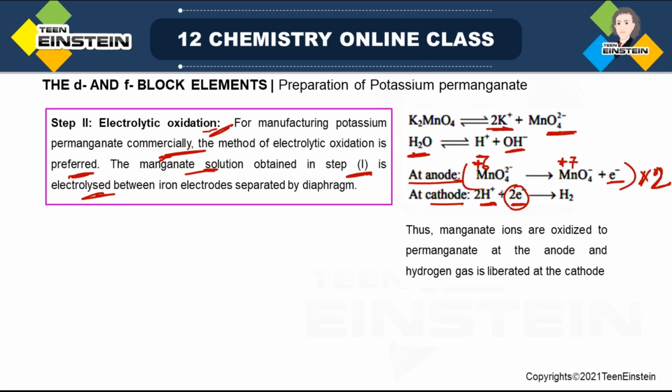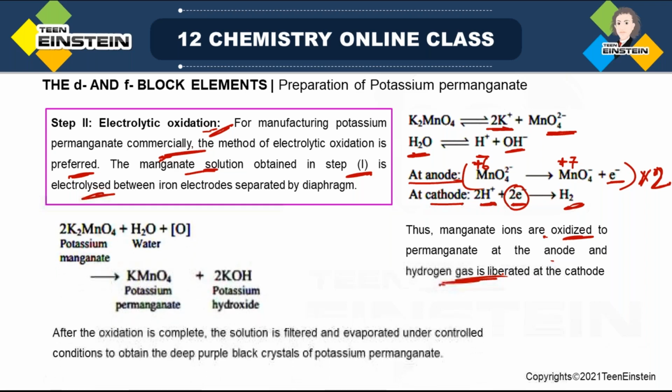Now these 2 electrons will be accepted by H+, and ultimately it will be hydrogen gas. Thus, manganate ions are oxidized to permanganate at the anode electrode, and hydrogen gas is also produced at the cathode, the other electrode. So these are the half reactions that are occurring at anode and cathode.